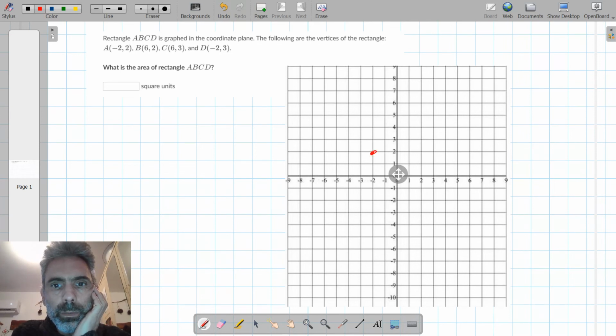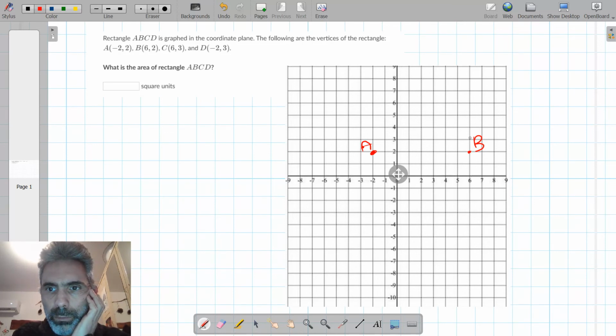So this is point A. Point B is at 6 and 2. So this is 6 on the x-axis and 2 on the y-axis. So this is point B. Point C is 6 and 3.